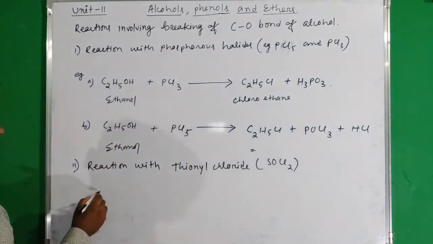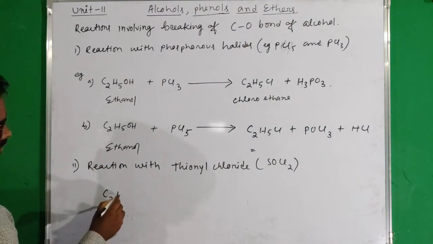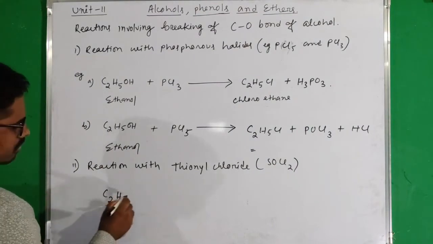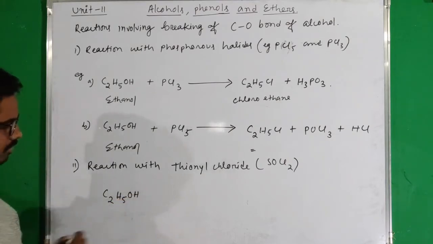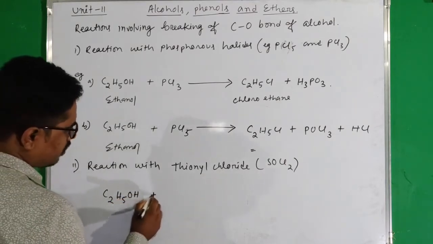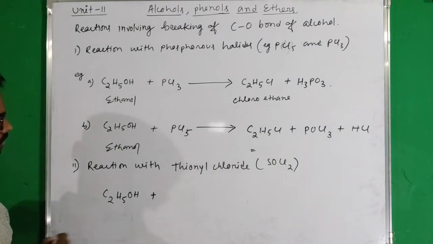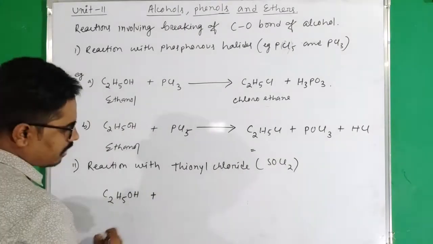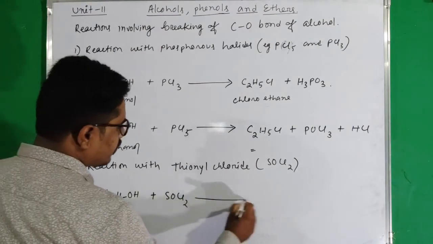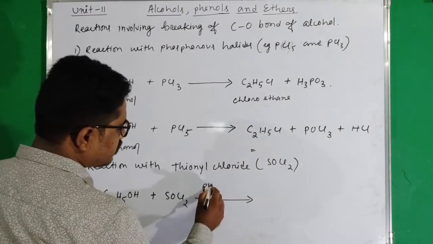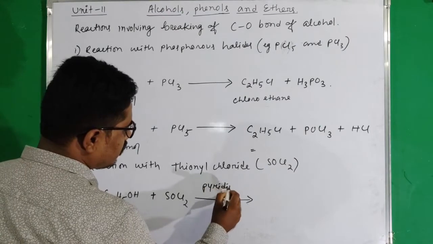Suppose we have again taken C2H5OH, that means ethyl alcohol or ethanol, and it is reacting with thionyl chloride, but the reaction is carried out in presence of pyridine.